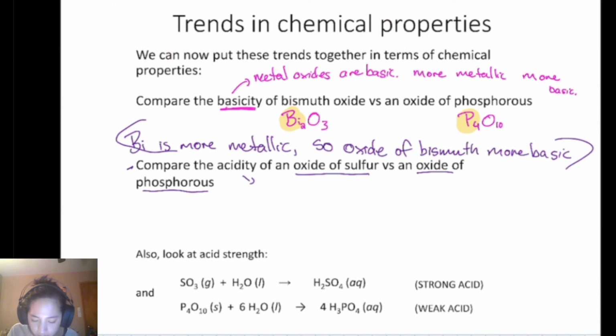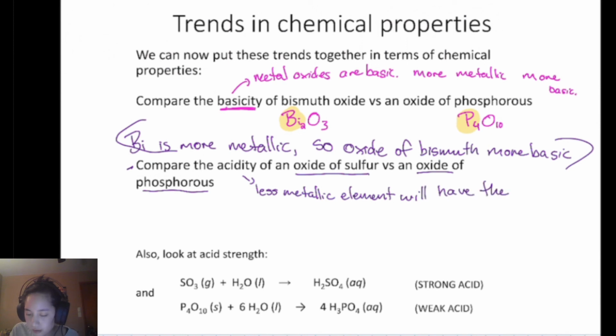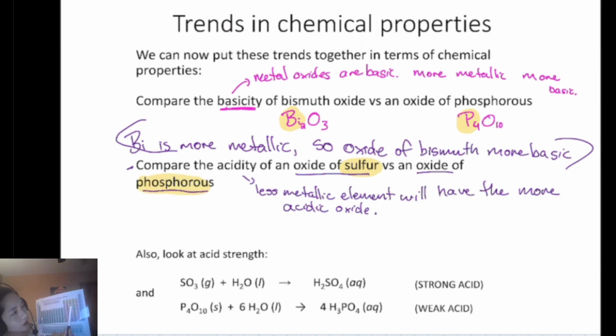When it comes to acidity, I just think of the opposite of what we just talked about. So the less metallic element will have the more acidic oxide. Again, I don't even need to look at the formulas. I just know we're comparing an oxide of sulfur and an oxide of phosphorus. Phosphorus and sulfur are right next to one another.